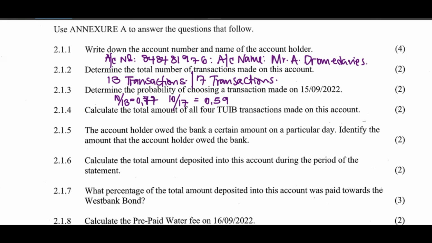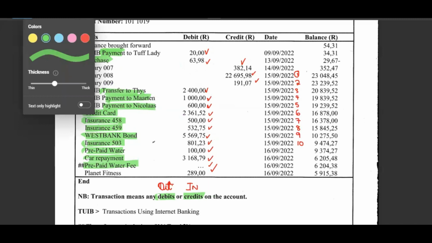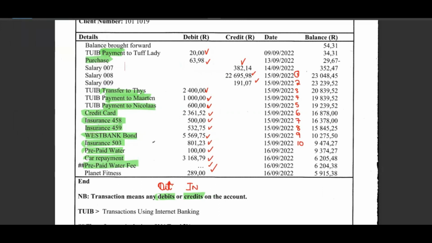All right. Calculate the total amount of all the TUIB transactions made on this account. Let's go to the account and identify those transactions. We are identifying. We have 1 here, 2, 3, 4. And now we go to the amount.